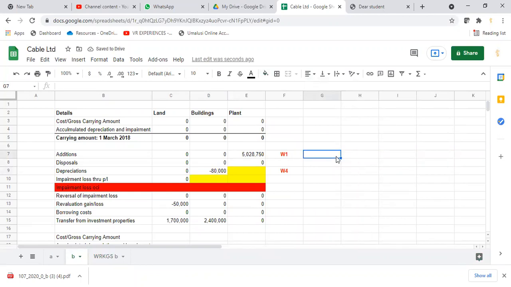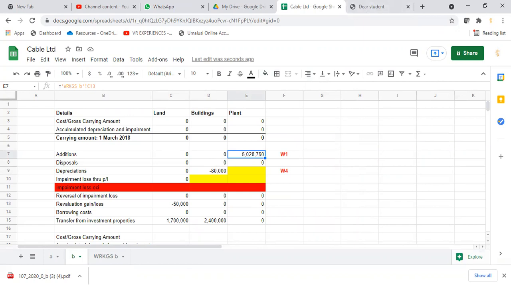Okay, now we must work out depreciation for the plant. Please be aware that you need to think about the component approach. That's very important to take note.